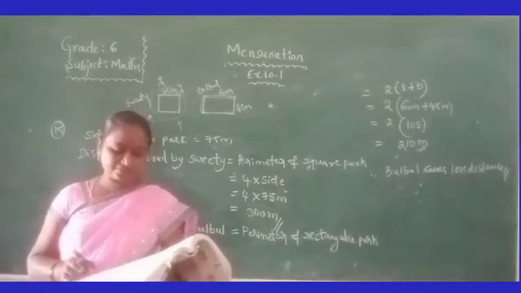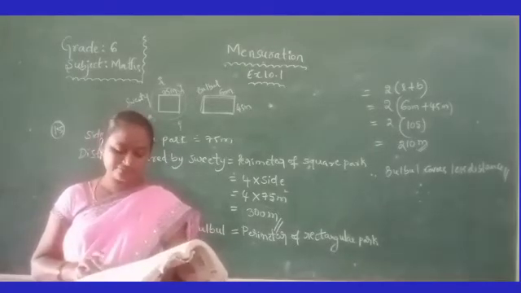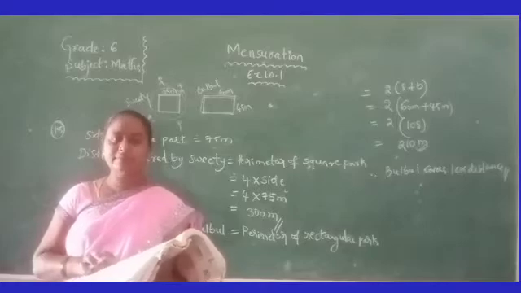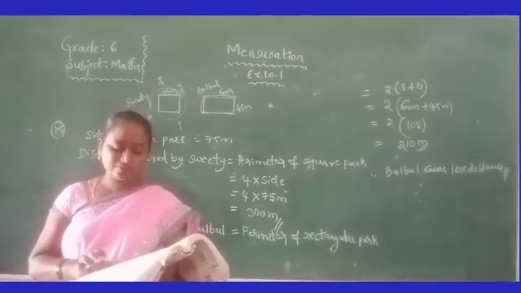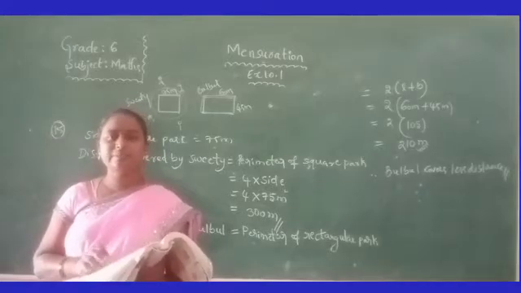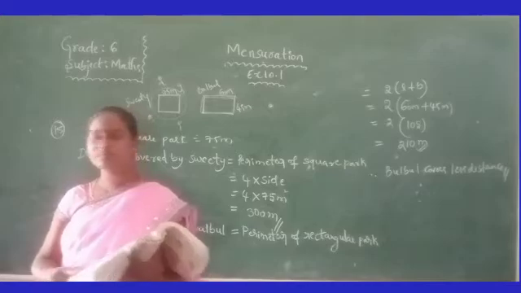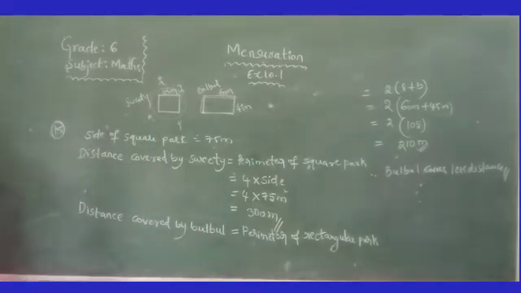So what do you have to find? The perimeter of these figures. What do you infer from the answers after finding the perimeter of each figure? So what will you observe here?